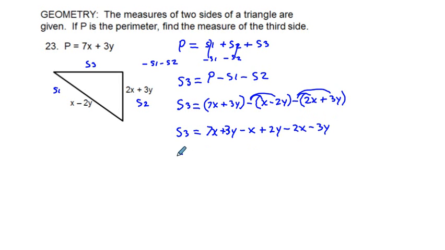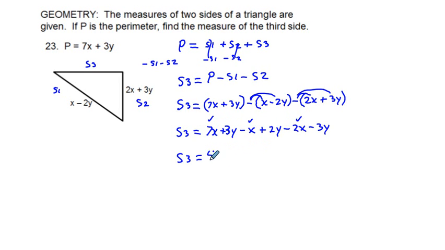So let's go ahead and write this out. Side 3, we have 7x minus x minus 2x. That's going to be, let's see, 7 minus 1 is 6. Minus another 2 is 4.